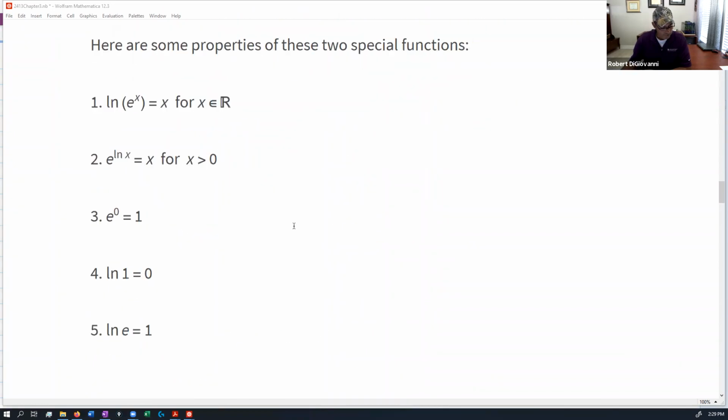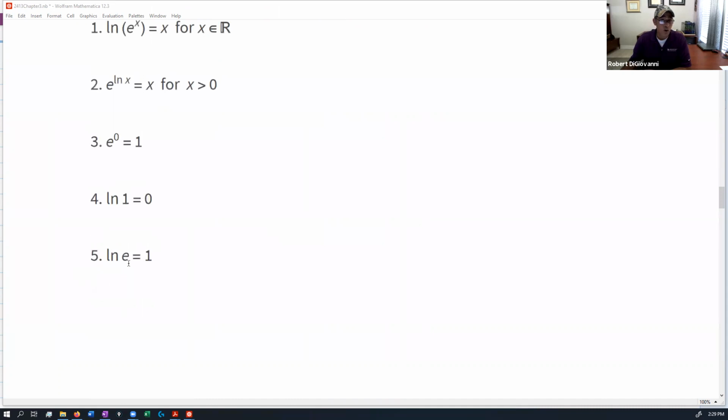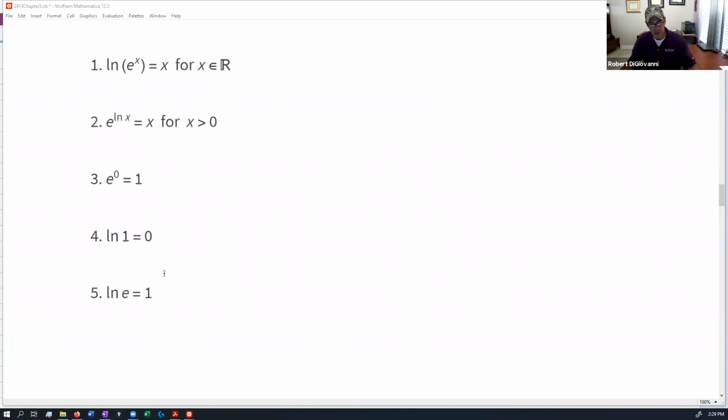All right, the natural log of e is 1. This fifth property is actually just this property with x replaced by 1. So the natural log of e to the first power is the same as the natural log of e, and so the natural log of e is 1.